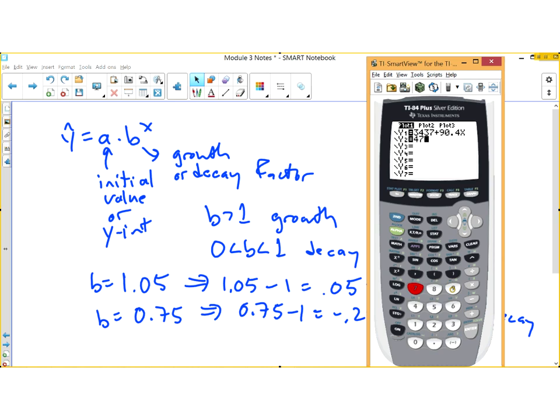So the way I would type that in my calculator is 47965.5 times 1.000684 raised to the power of x. Let's see what that looks like.